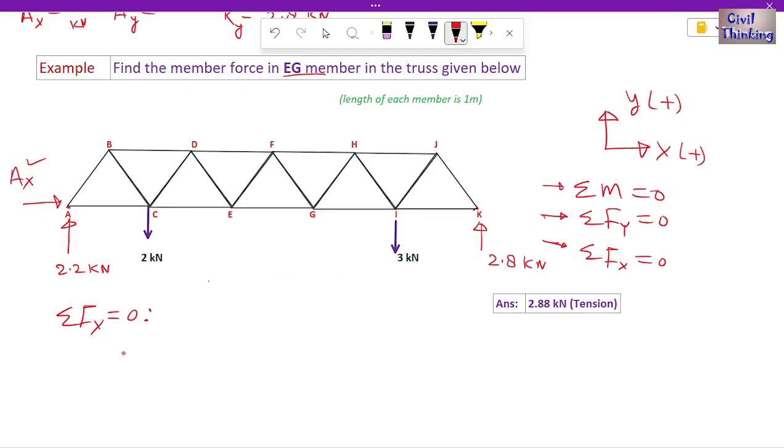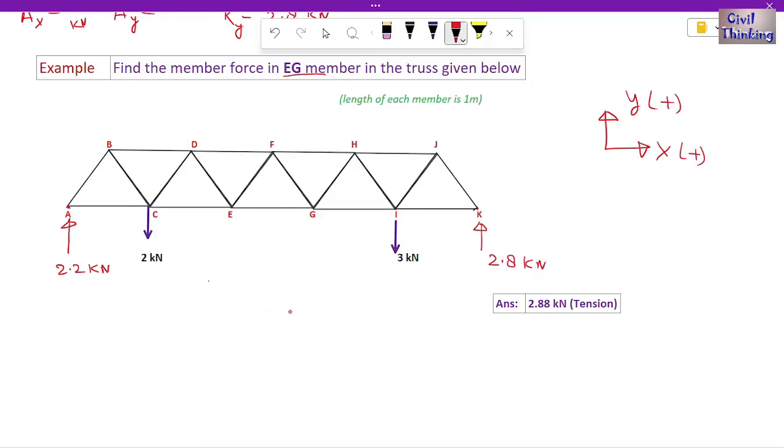Now Ax is towards right, so it is positive Ax. Do we have another force horizontally? No, right? So this is the summation of force about x-axis and it is equal to 0. So this Ax is 0. Since it is 0, we'll simply erase it. It does not exist, right? Because it is 0.